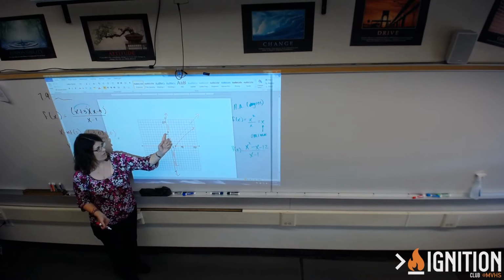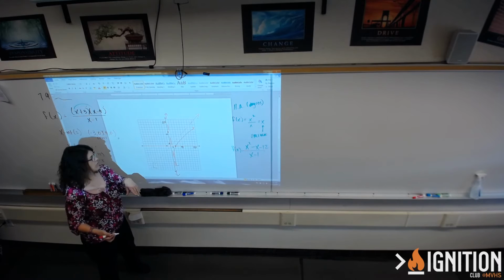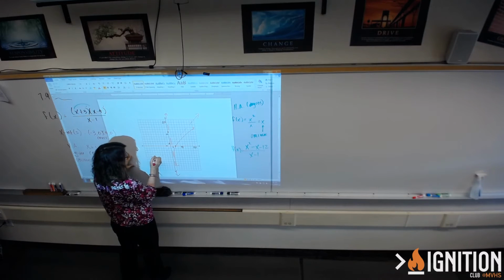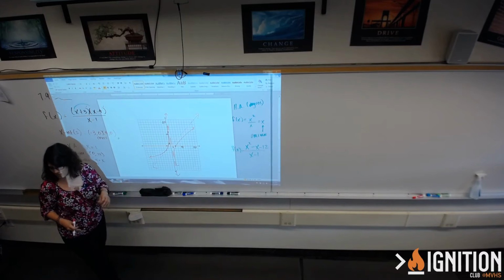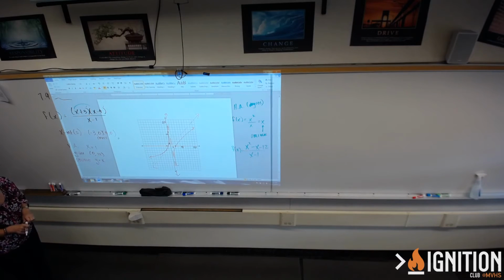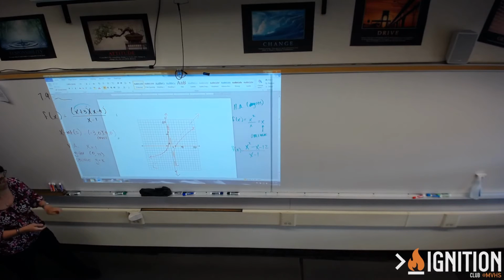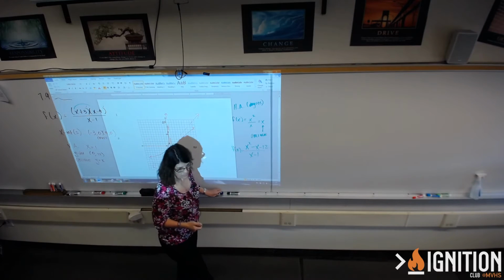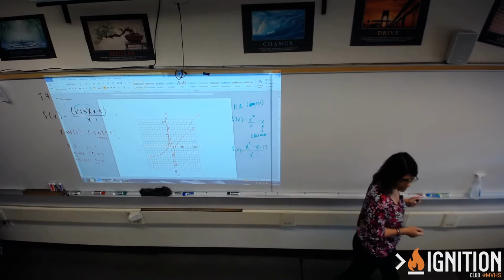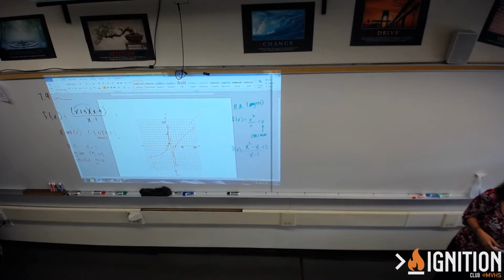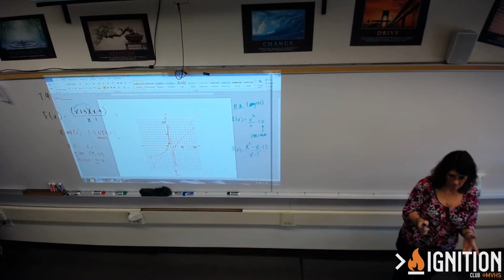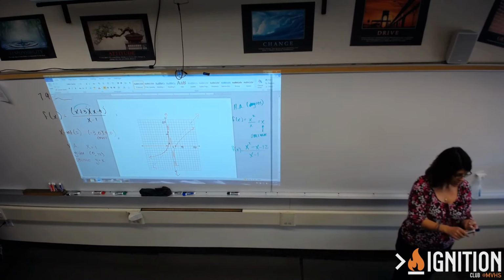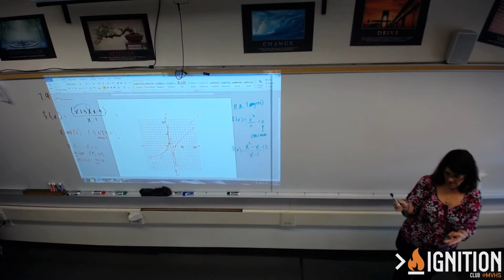Especially because of my graph, the y-intercept and the vertical asymptote. Let's do double vertical here, not a horizontal asymptote.